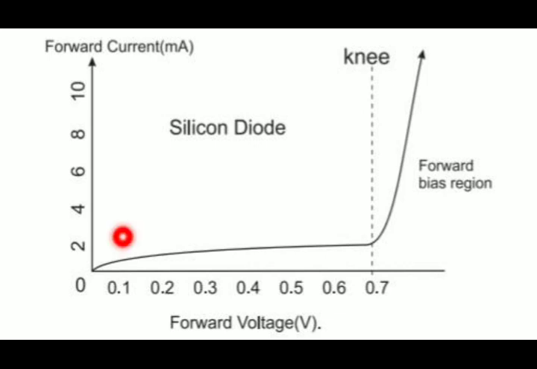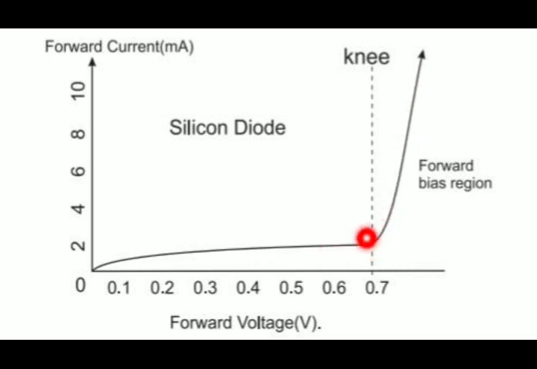Initially the current is very low, and at some point it suddenly increases. This is the point at which the current rises sharply.